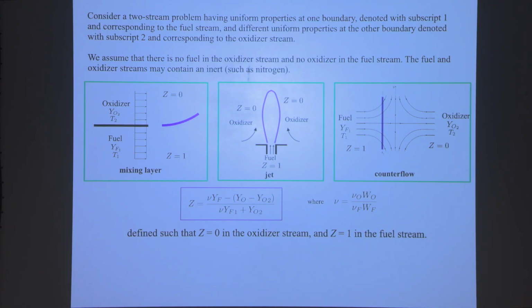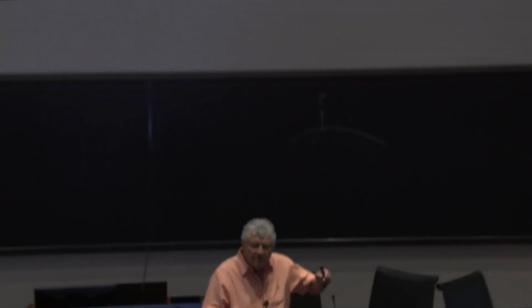I'm just illustrating these two limits. Z equal to 0 is going to be on the oxidizer side, and Z equal to 1 on the fuel side in the counterflow. And so here is the definition of the mixture fraction. It can be generalized if it's not a fuel plus oxidizer going to product. If you're interested in that, you should look in the literature.